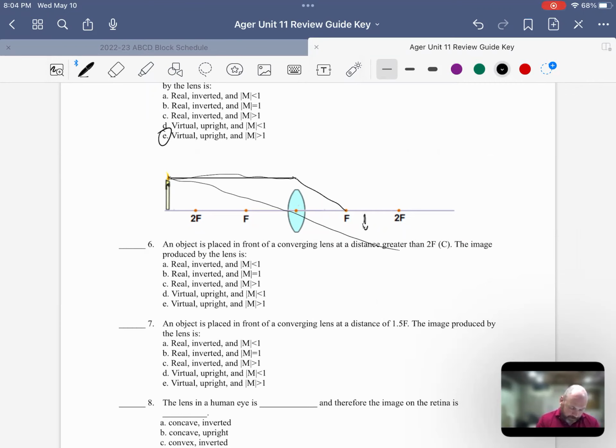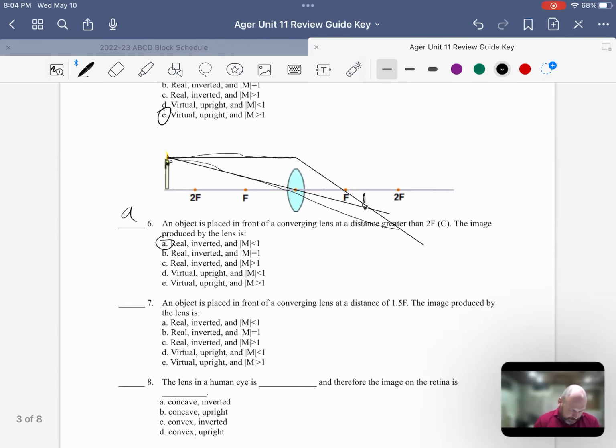The ray goes through the focal point. I would have gotten it right if I had done that. Oh, there it is; it wasn't a bad prediction. It's going to be smaller, so it's real, inverted, and the magnification is smaller. There we go, A.